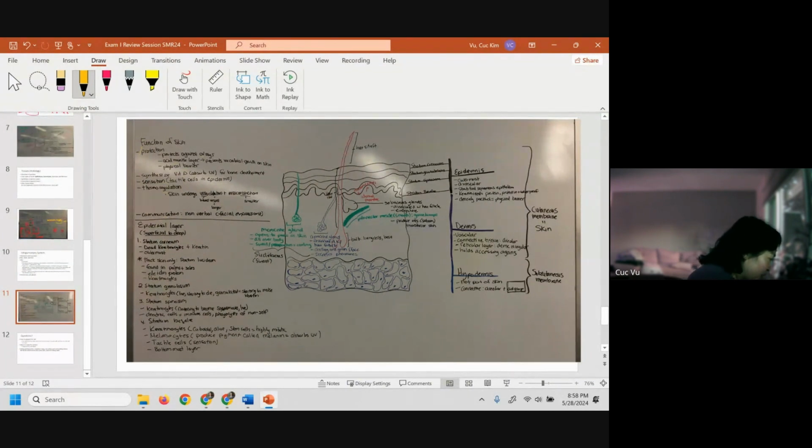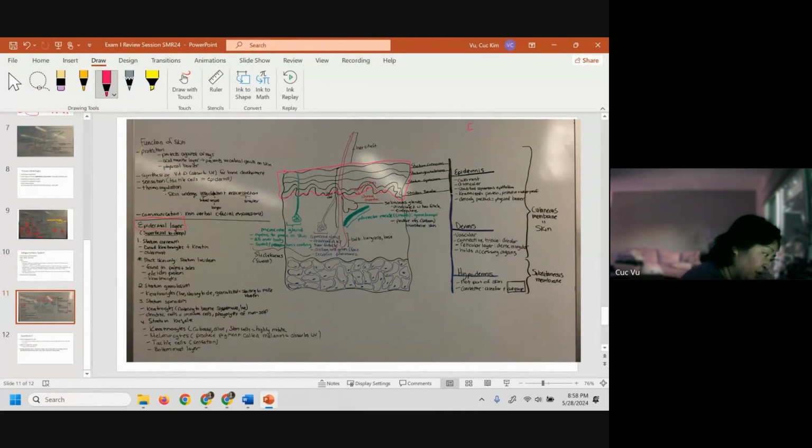All right. So what we're going to do now is focus on the epidermal layer. So that's this portion right here. It's broken down into strata, and stratum is just a word for layer. So you have the top layer, which is the stratum corneum.